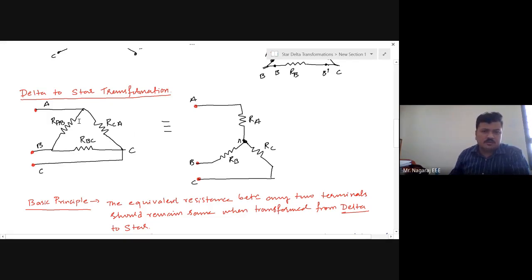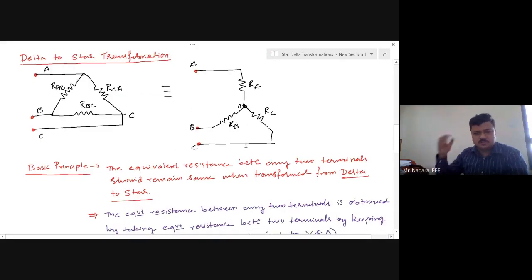In my hand I currently have the delta network, and I want the equivalent star of that. To get it, one fundamental principle has to be followed: the equivalent resistance or impedance between any two points or terminals should be the same in delta as well as star.